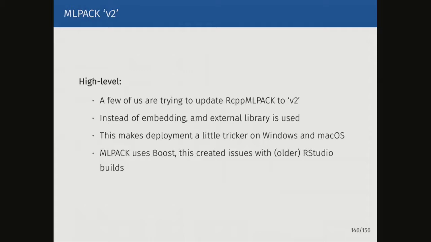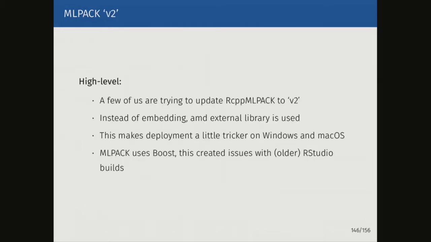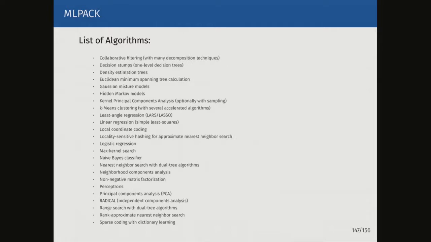So by all means, come and send us pull requests. So external library now, meaning occasional headaches. But if you work on an AWS instance or have access to Linux, at home or in your lab or whatever, it's really not so bad.